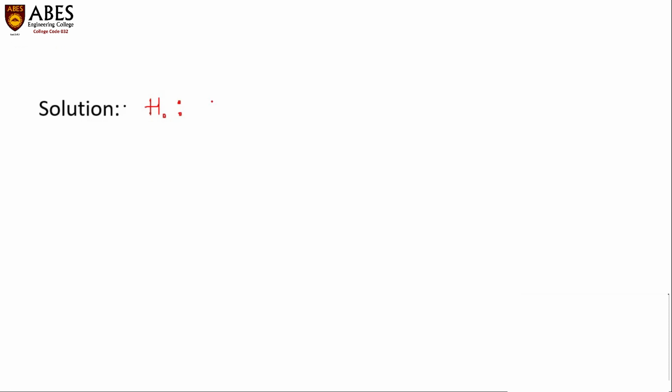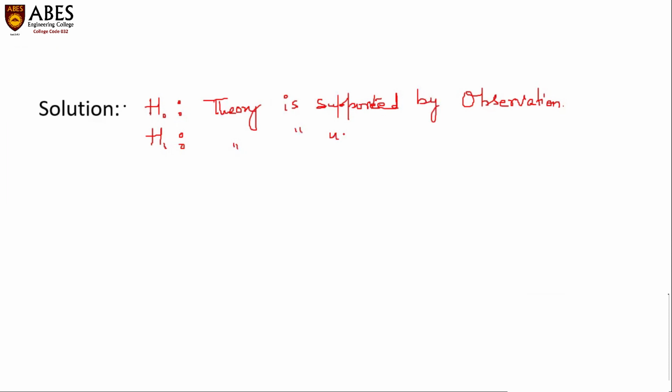So we can declare that theory is supported by observation, or we can say that data follows binomial distribution, whereas H1 will be the negation of H naught, that is, theory is not supported by observation, or data distribution does not follow binomial law.